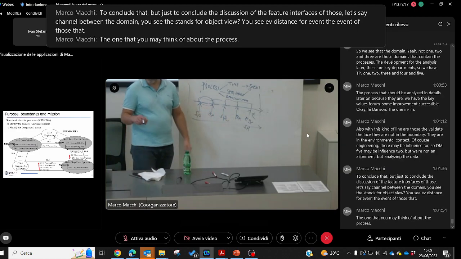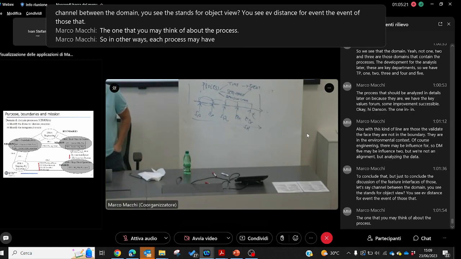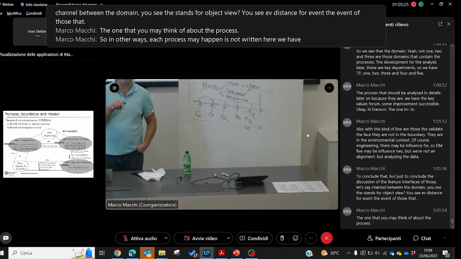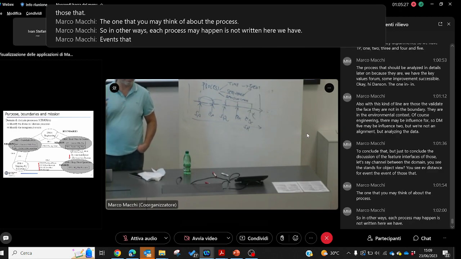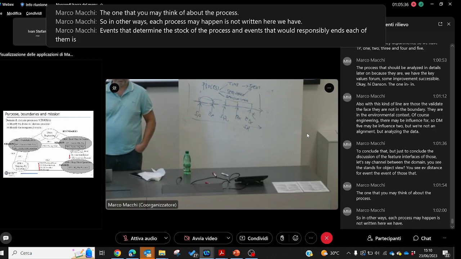So each process may have, though it is not written here, events that determine the start of the process and events that correspond to the end, the termination. But this starting and ending event can also be seen at the interfaces between domains.